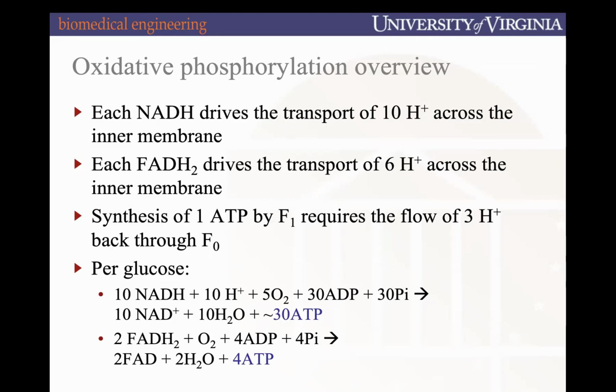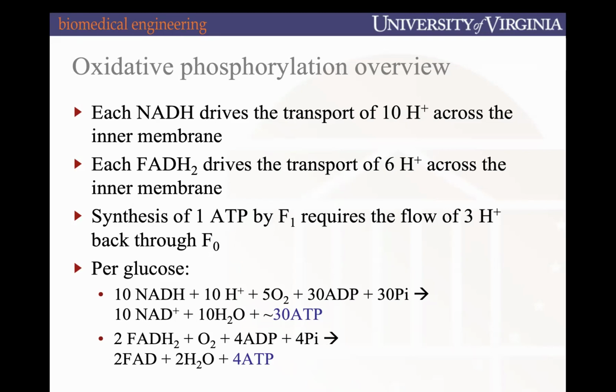So each FADH2 is going to drive 6 hydrogen ions across the inner membrane. And one last ratio to note is that the generation of 1 ATP is going to occur every time 3 hydrogen ions flow through the ATP pump at F0.